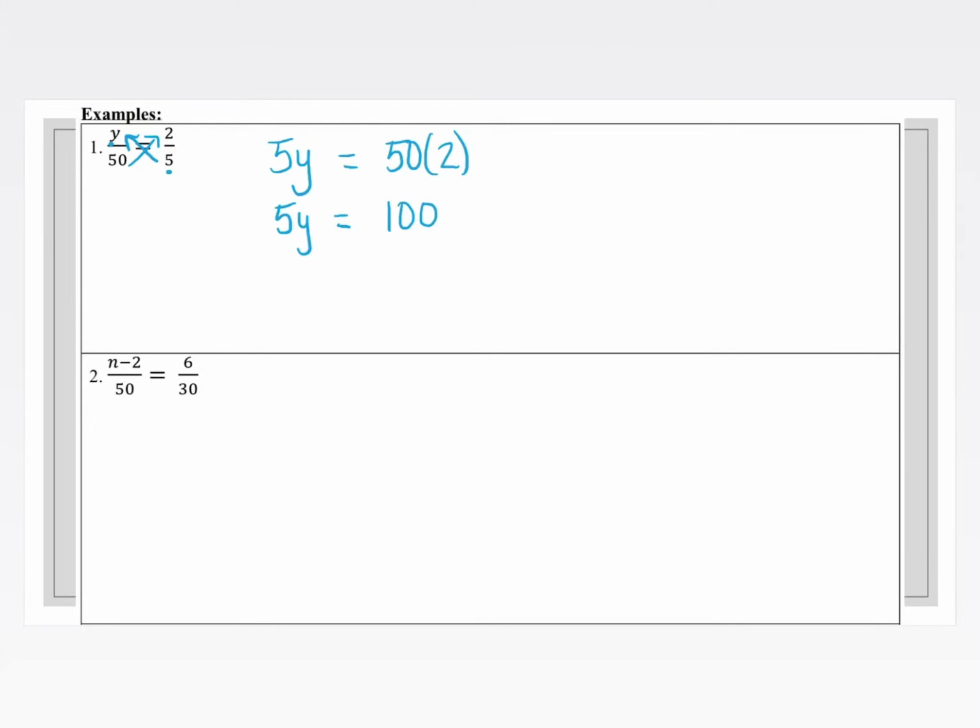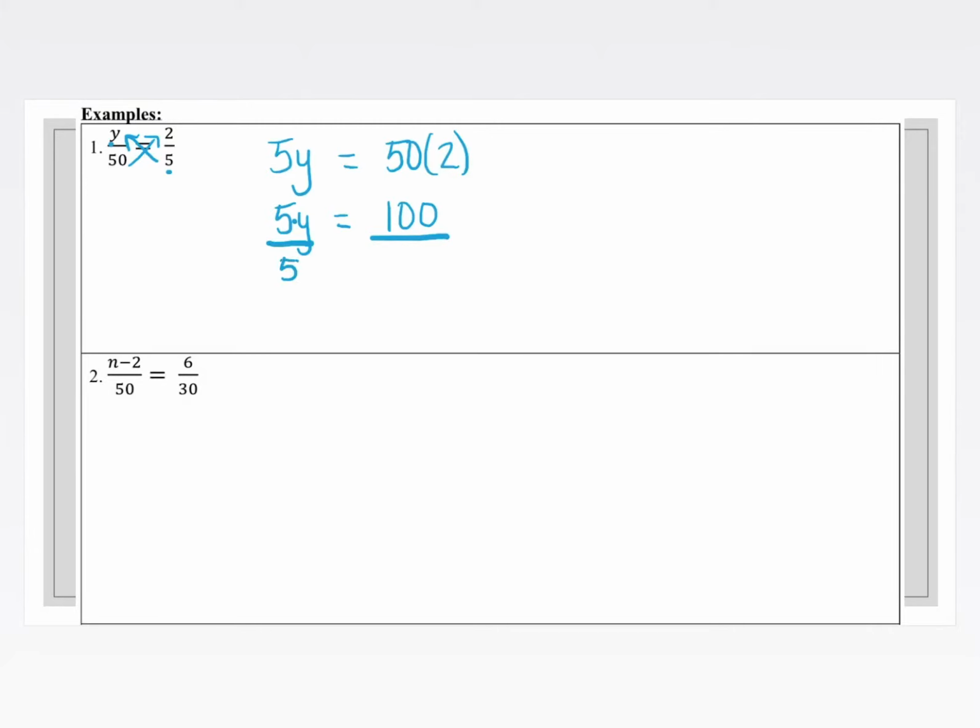Now, since our goal ultimately is to solve for y, we need to think about our inverses, so what we dealt with in Topic 3. All this is a one-step equation. Since this is really 5 times y, in order to undo multiplication, we're going to apply division.